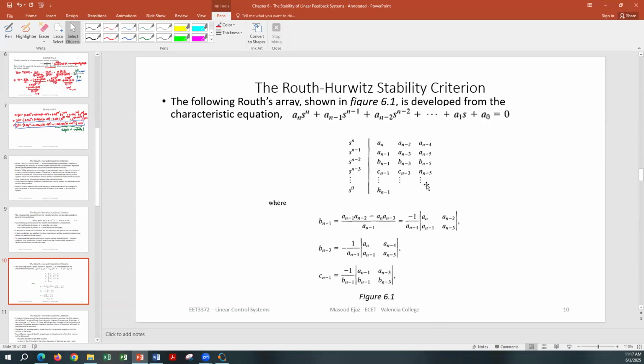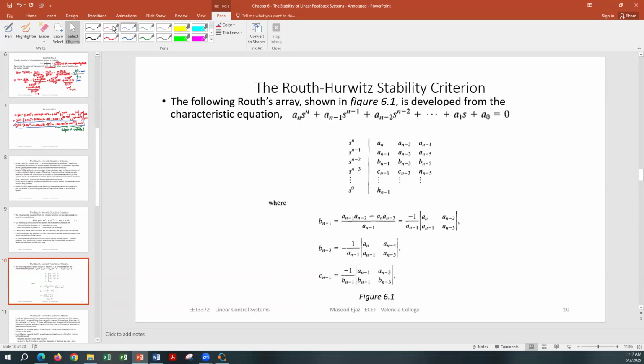And likewise you can keep going. b_(n-5) is negative 1 over a_(n-1) times the determinant of the first column and the fourth column. And likewise, c_(n-1) is negative 1 over b_(n-1) times the determinant of the first column, a_(n-1) and b_(n-1), the second and third lines, first column and second column. And c_(n-3) is negative 1 over b_(n-1) times the determinant of the first column and the third column. So this is how we calculate those b's and c's and all those things.